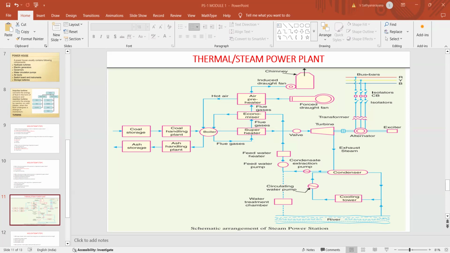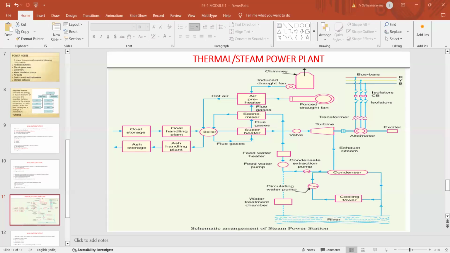Generally, how much percentage of ash will be produced depends on the kind of coal, the quality, and at the same time, the percentage of ash depends upon the temperatures we are using in the boiler and how much coal is getting fired.